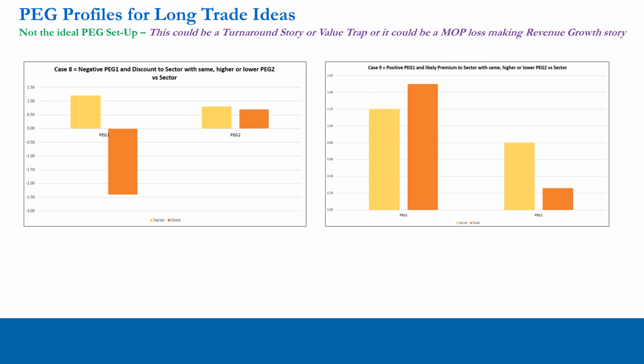So when we are going through our quantitative process and we are identifying long trade ideas and we think we've found what could potentially be a turnaround story, so a case number 8 and case number 9, when we see our PEG profiles, we are placing less emphasis on their importance for us in our interpretation and understanding of what is actually going on with the stock.